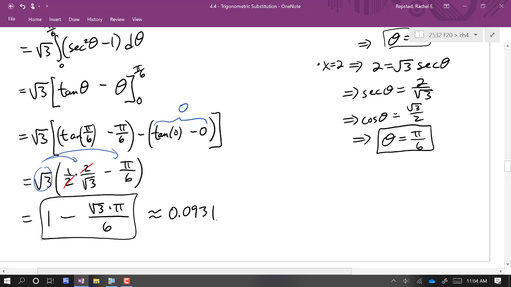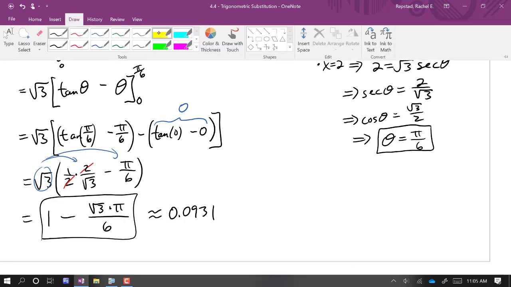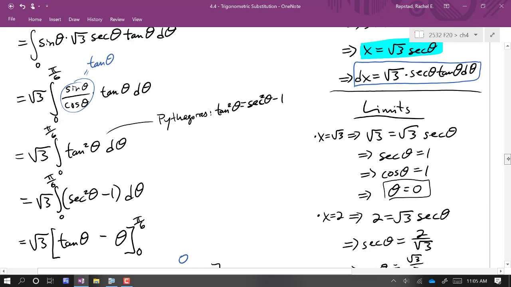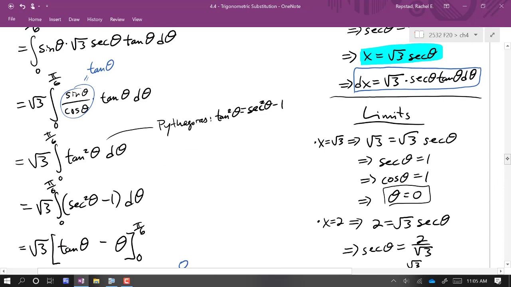I do want to point out before we move on to the next example that because this was a definite integral, we know that we could substitute, get new limits, theta limits. If it were an indefinite integral and we found ourselves needing to go back to our x's, the expressions with x's, we use SOHCAHTOA like we did in the last ones for tan theta.